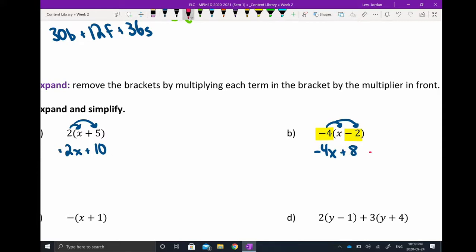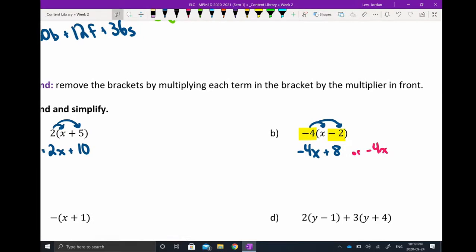What you could do instead, we still have the negative 4x, and you could think of it, again, it depends on how you want to think of it, do you want the minus there and to make it a positive 2? So you're subtracting positive 2. Well, then that minus needs to stay there, and then negative 4 times 2 is negative 8.